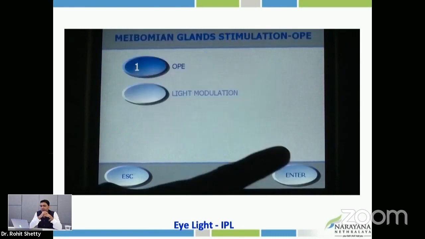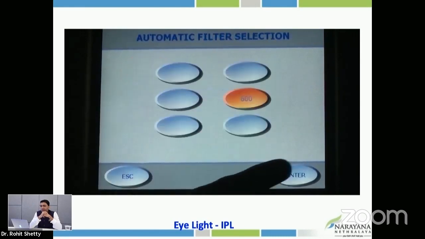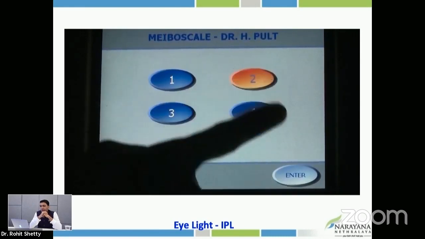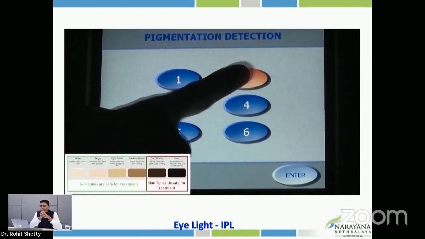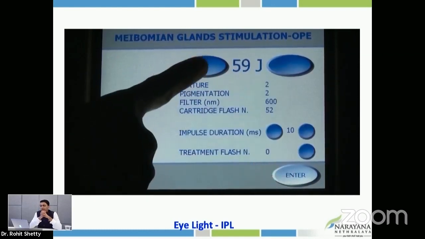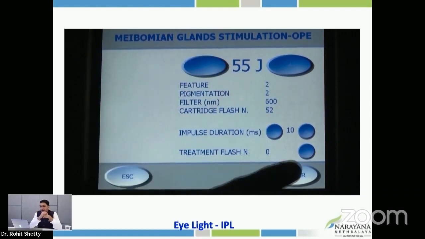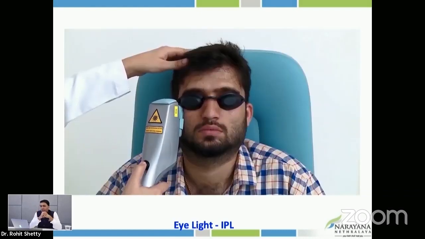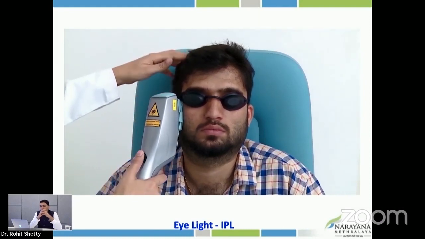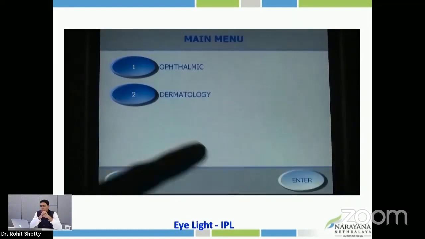You can stimulate the Meibomian glands, and these are the scales you can use based on the patient's color scale and also the Meibomian gland. So it is titrated to a lot of these factors, and it's pretty quick. You don't need a gel, because they use crystal technologies which actually use cooling.